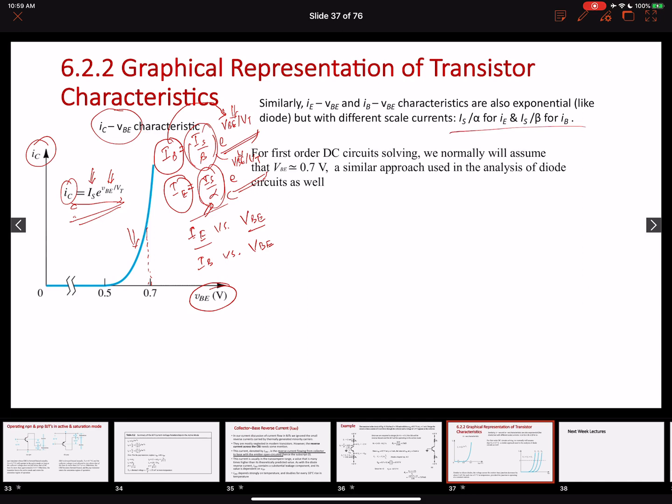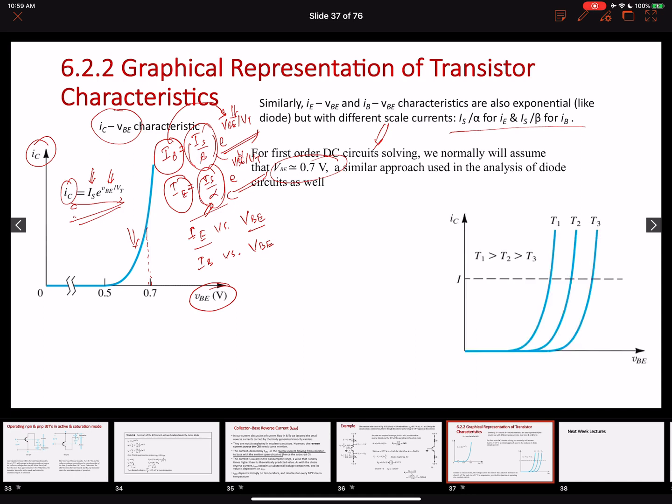Another thing we already talked about is that while you are solving all of these circuit problems, you can fairly assume that the biasing potential across the emitter to base junction is 0.7 volts. And another important thing about the emitter to base junction, the PN junction, is its dependence on temperature. We have a collector current over here, and again we have the emitter to base voltage, and these are our exponential relationships.